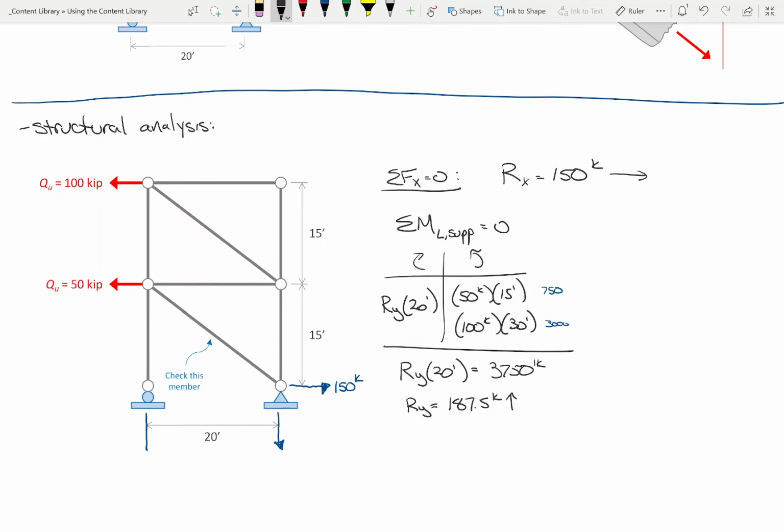Did I get that right? And by the way, what's this reaction going to be? Up, yeah. So we don't have to worry about that.